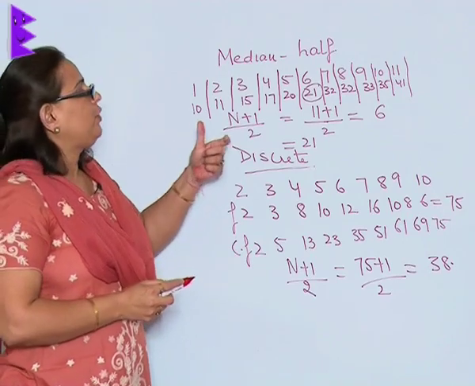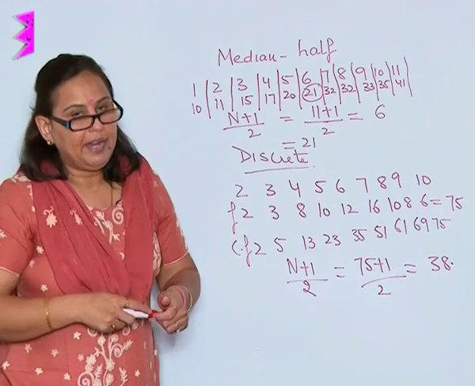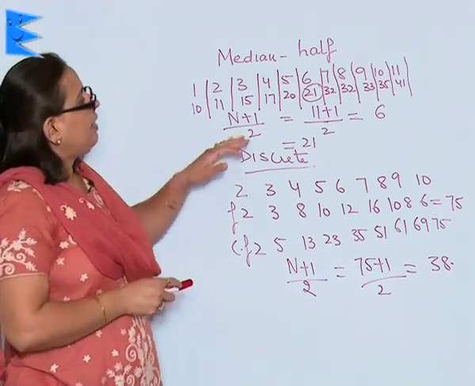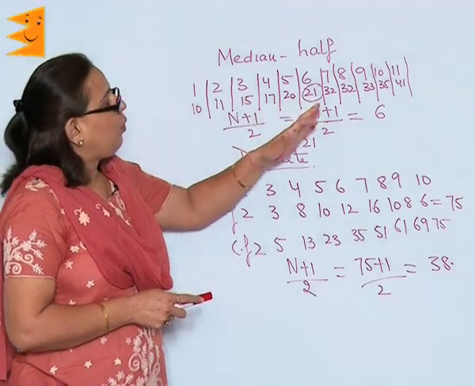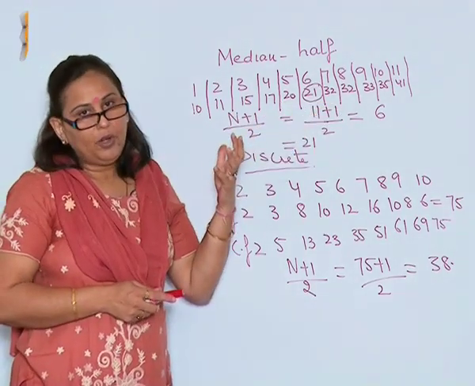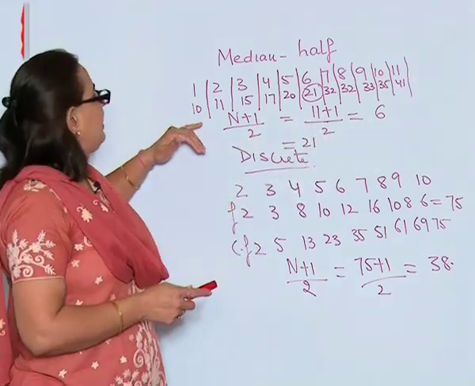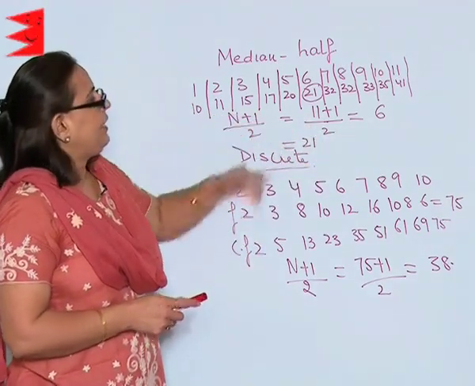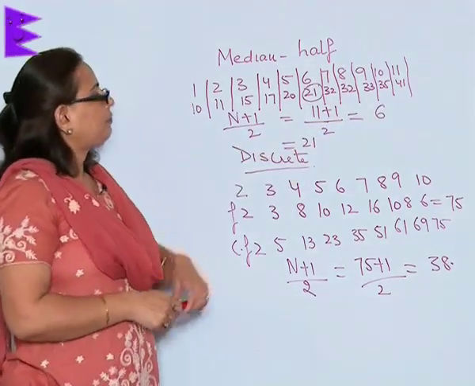The formula which we have to apply here is (number of observations plus 1) divided by 2. Remember, in median, whatever is given, we will always have to put it in either ascending or descending order. It shall not be given in this manner. For example, here I have put it in ascending order starting from 10 and ending at 41.